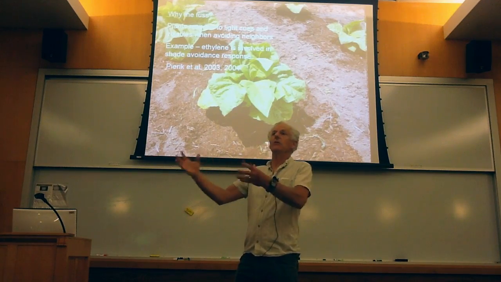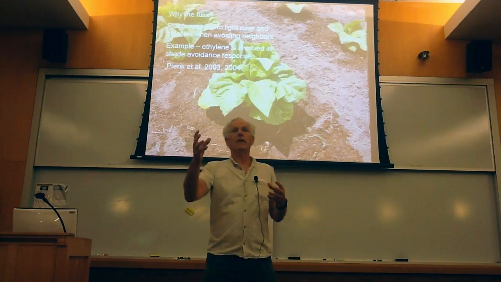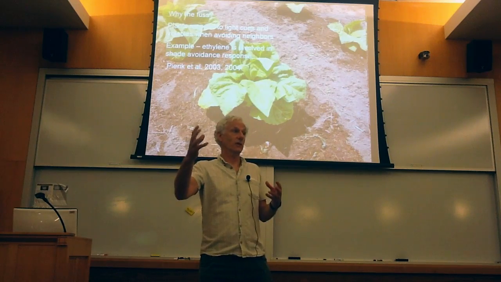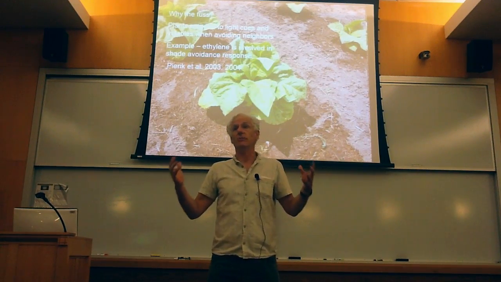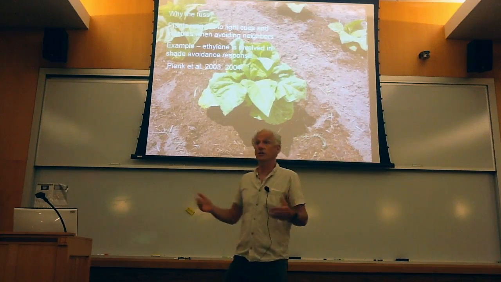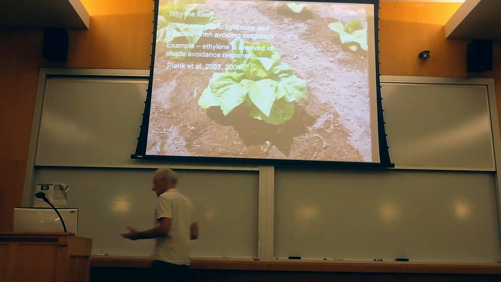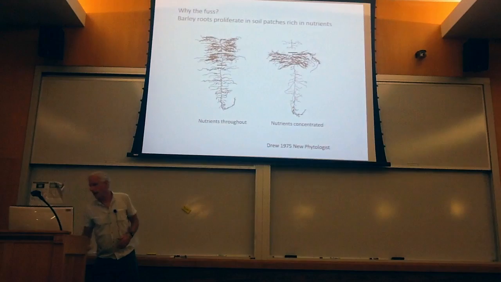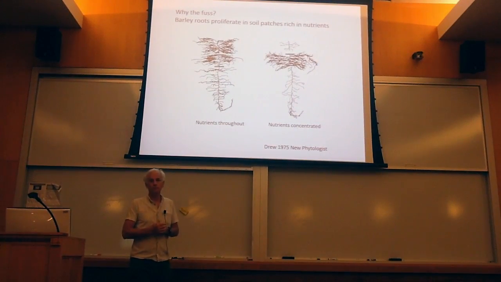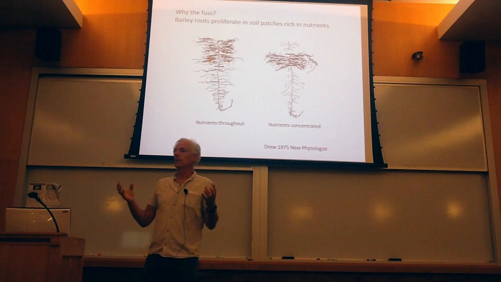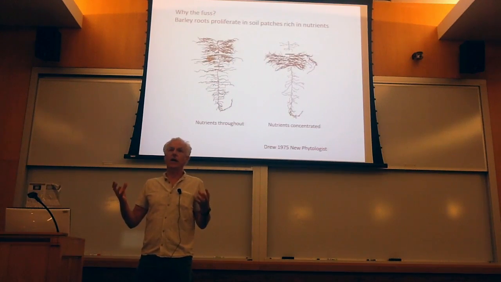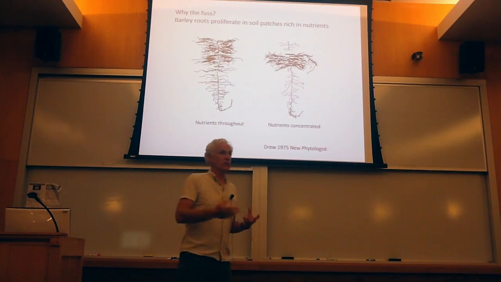Anybody who's ever had a house plant knows that plants will grow towards the light, towards the window. We know that plants can perceive information about light and respond to that information. Similarly, we know that plant roots are able to sense the availability of water and nutrients in the soil.